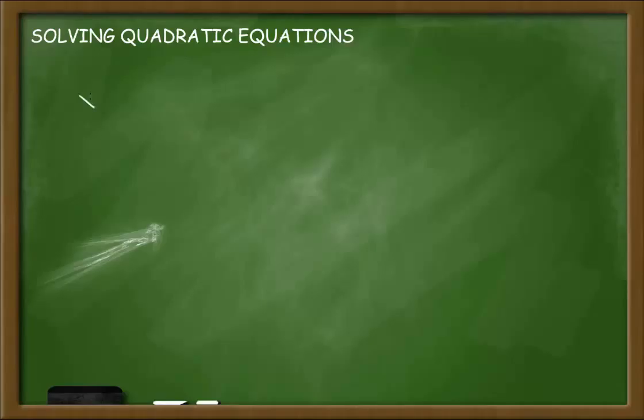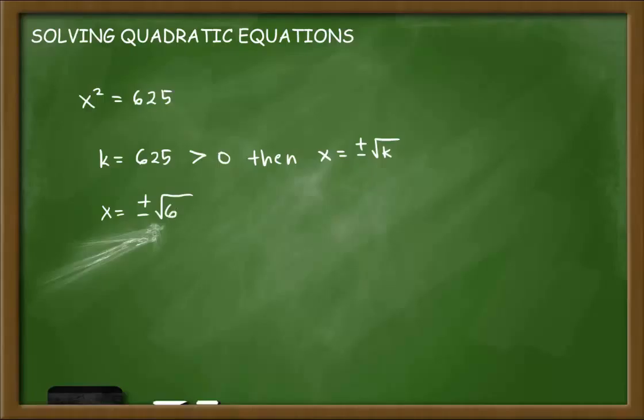For example, we have x squared is equal to 625. Since k is equal to 625, which is greater than 0, then x is equal to the positive and negative square root of k. So x is equal to positive negative square root of 625, which means that x is equal to positive negative 25.